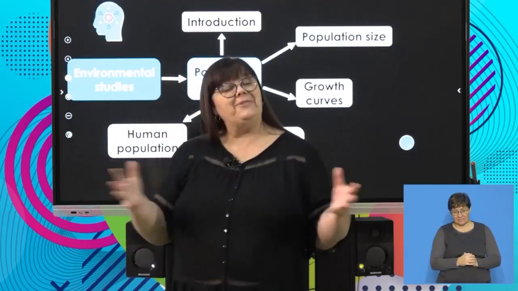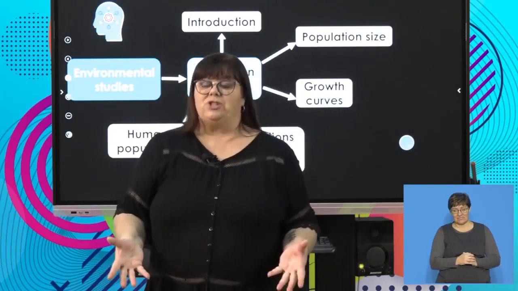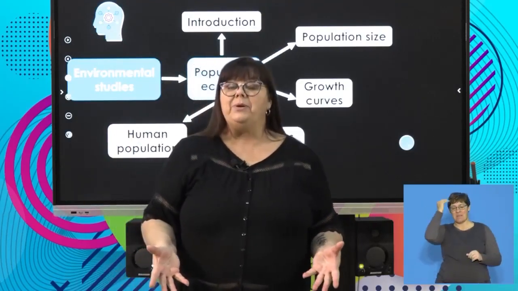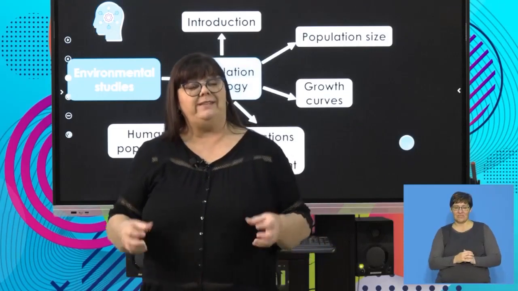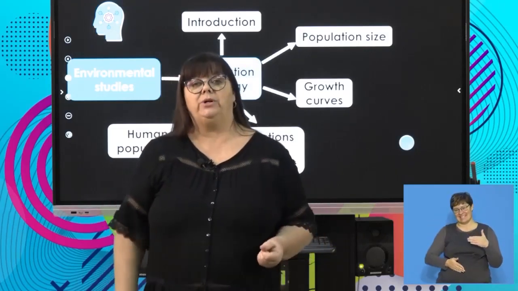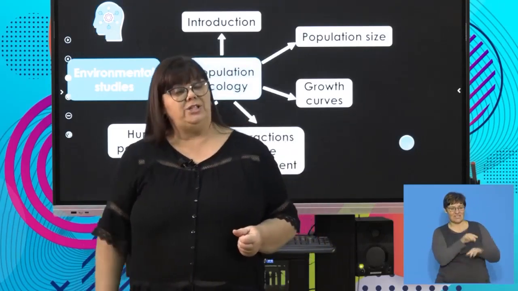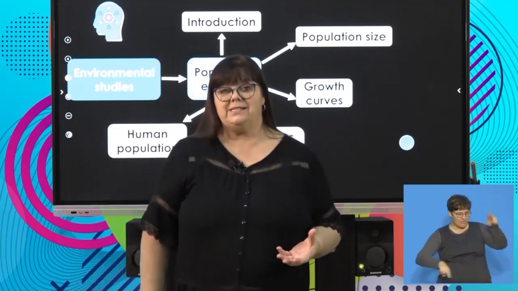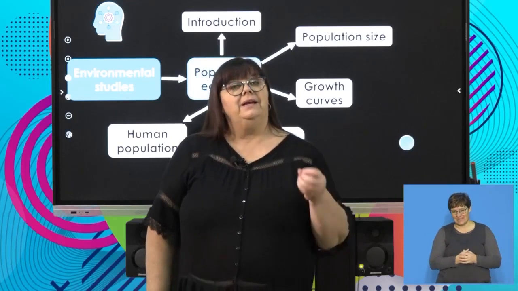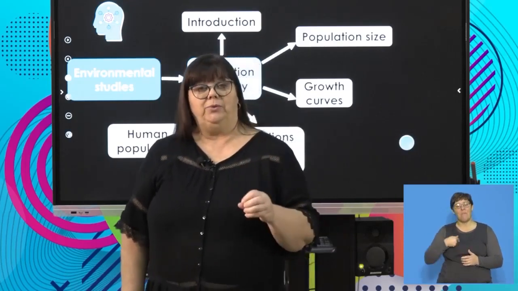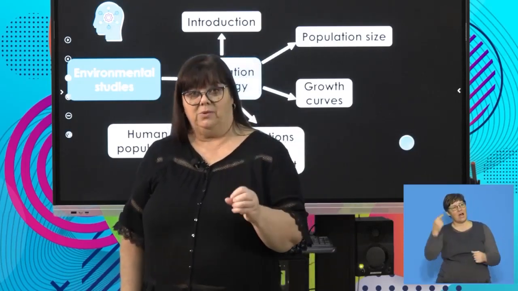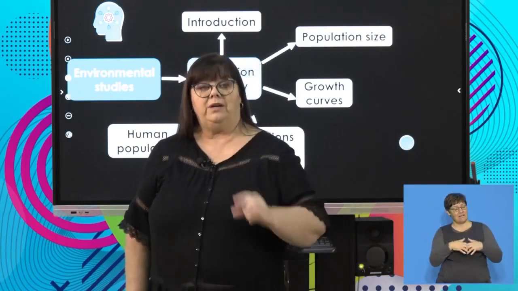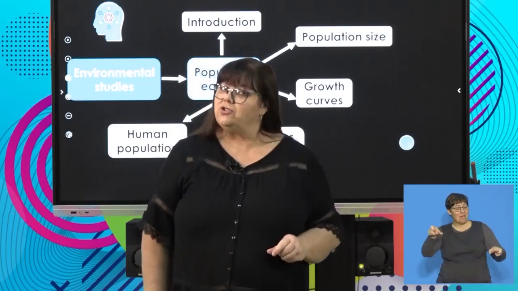So, if we have a look at our topic mind map, we can see that we've reached the end of our work on population ecology. And we are going to do some revision exercises coming up, but I want to leave you with the very sobering thought. You are going to be the ones in control.